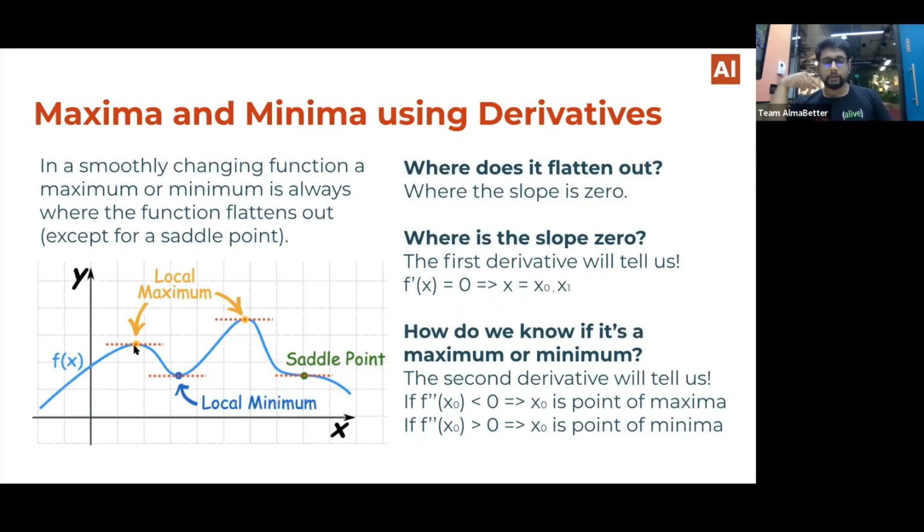Similar logic holds for global minima. In the entire domain of the function, if the value taken by the function is the lowest at a particular point, that point is called the point of global minimum. Okay.